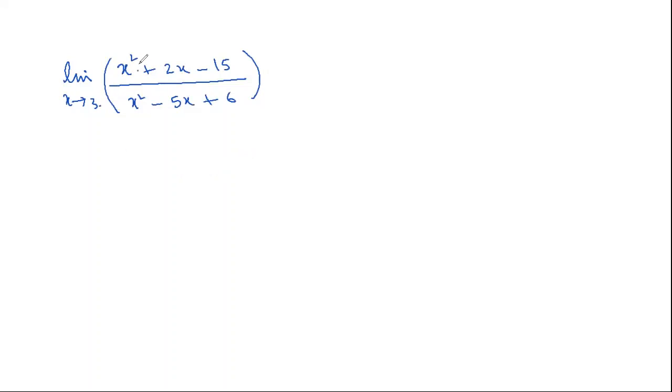So first you substitute and see. 9 plus 6 minus 15, and in the denominator 9 minus 15 plus 6. Are you getting 0 by 0? So it's coming 0. So method failed.